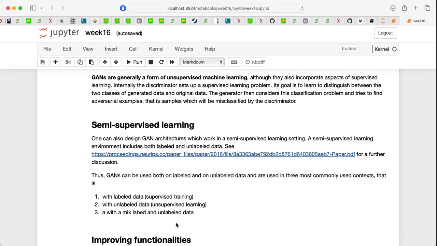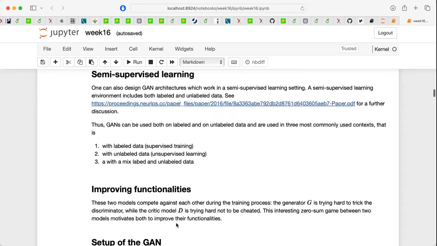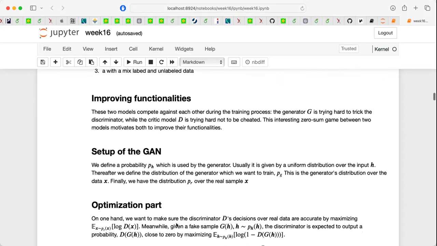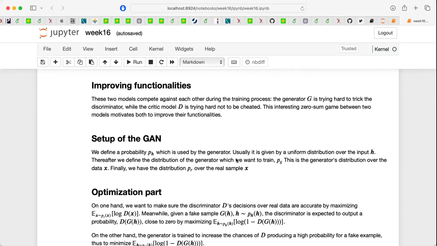Now, the thing I wanted to bring back a little bit is the basics of the setup of a generalized generative adversarial network. The basic model is trained by setting up what's called a generator and then the discriminator. And we define here a probability P of H, which is used by the generator.